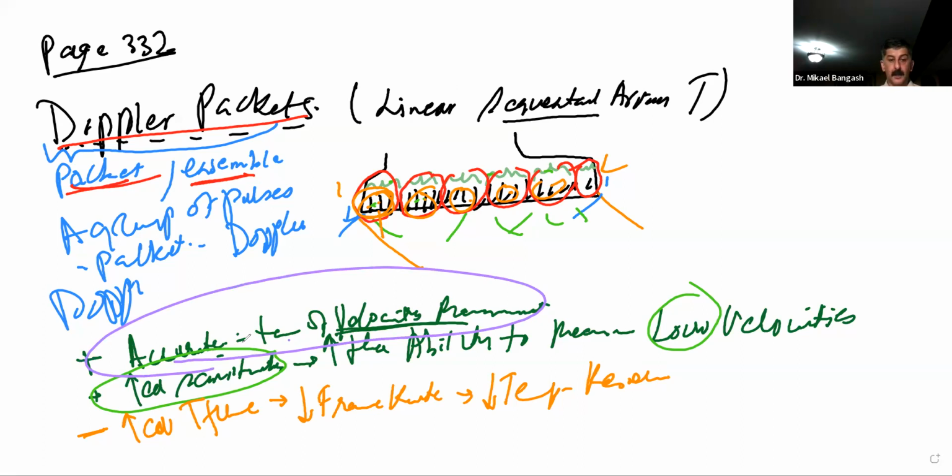So that's why, when choosing the packet size, you have to think of the positives, the advantages and the disadvantages, and choose a packet size which is not too big, and not choose a packet size which is too small.